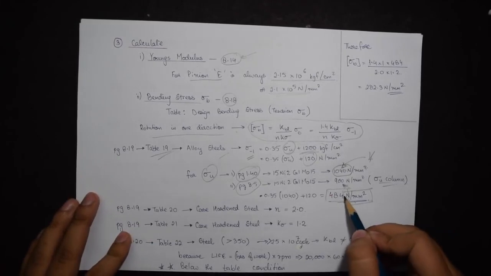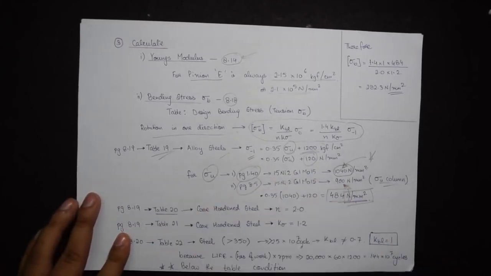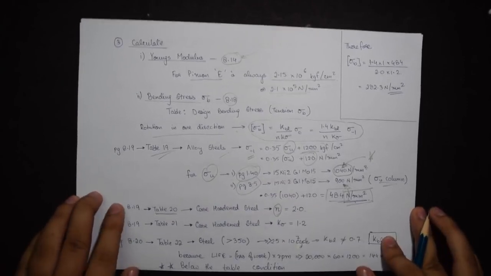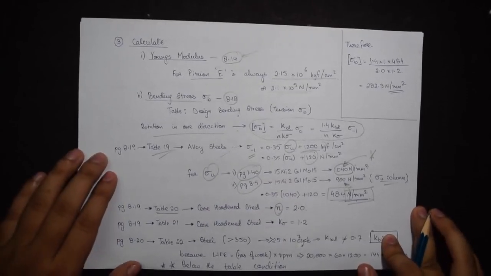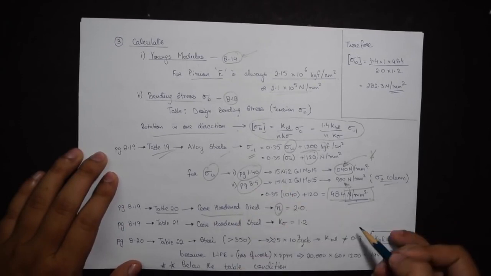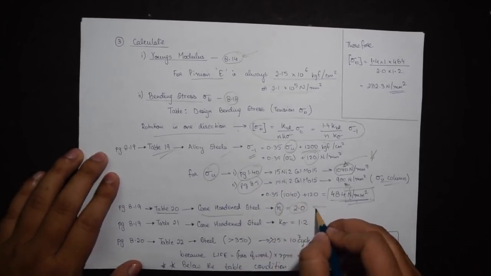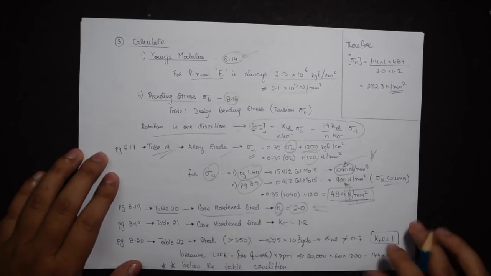Just below table 19 we have table number 20, which gives the factor of safety, or the value of n. As we see, our steel is case hardened steel, so let us choose n equal to 2.0 under steels and heat treatment is case hardened.